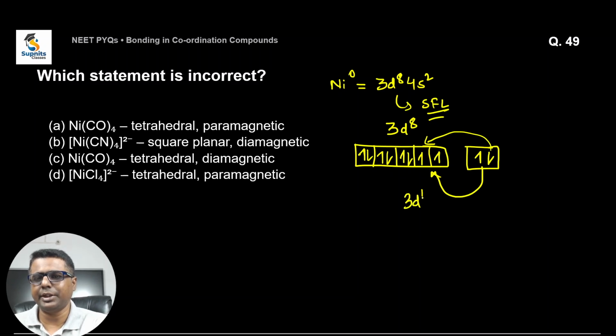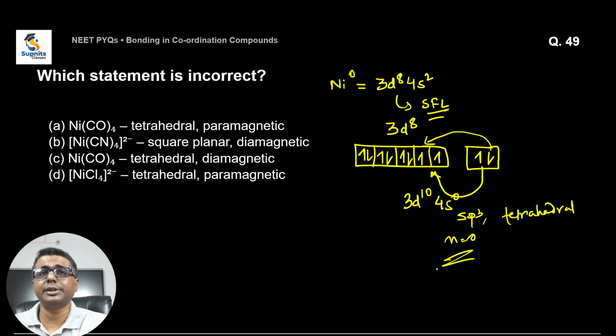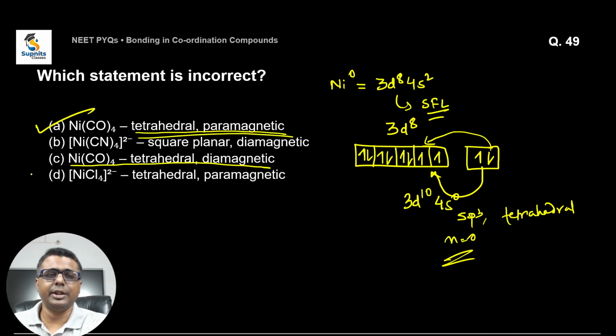So this becomes 3d10 4s0, making it sp3 hybridized and tetrahedral, right? And here the number of unpaired electrons is 0, so this is diamagnetic. So it will be diamagnetic and tetrahedral. So this is correct. If this is correct, the other cannot be correct. So this is the incorrect option.